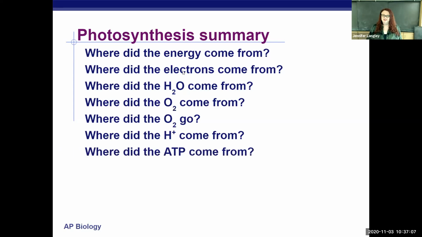Good. Where'd the ATP come from? What is the process that gives us ATP?